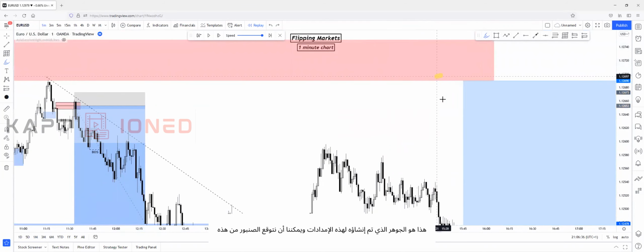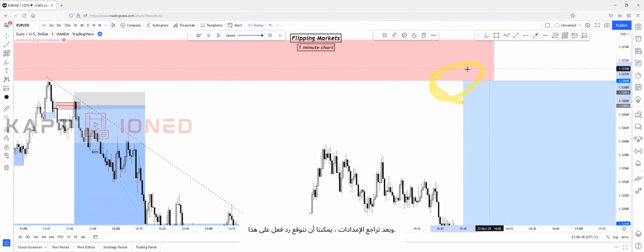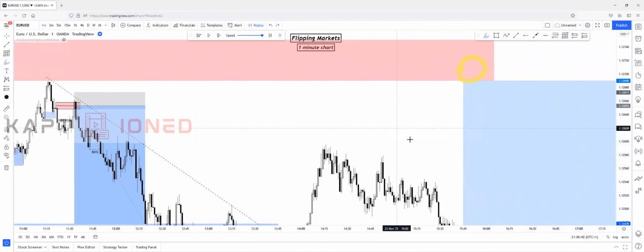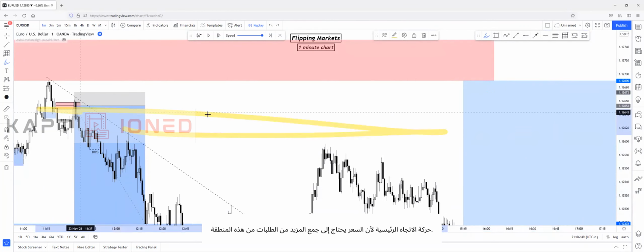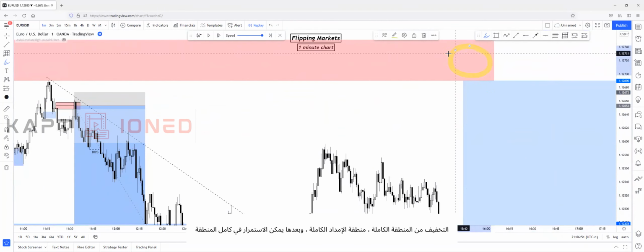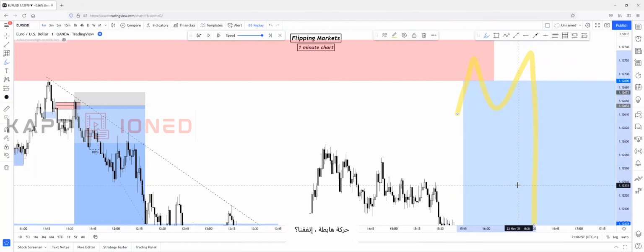And we can expect the tap of this supply zone. After the tap, we can expect a reaction on this zone and a change of character. And after a change of character, we can hop in a short trade and continue the main trend movement, because price needs to collect more orders from this region, mitigate the full supply zone, and after that it can continue the whole bearish movement.